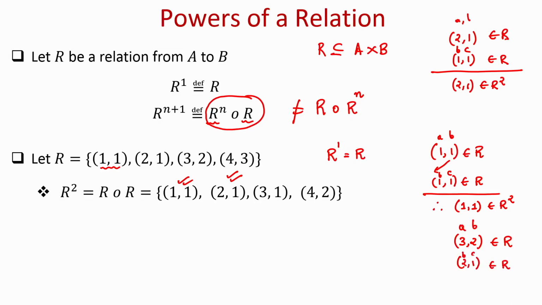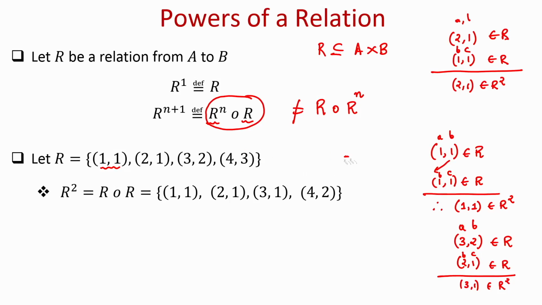This is your B, this is your C, therefore, A comma C namely 3 comma 1 will be in R square. And in the same way you have A comma B here namely 4 3 and B comma C here namely 3 2, that is why 4 comma 2 which is A comma C will be present in R square and no other tuples will be there in R square.